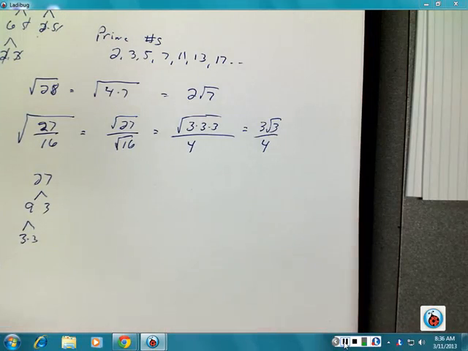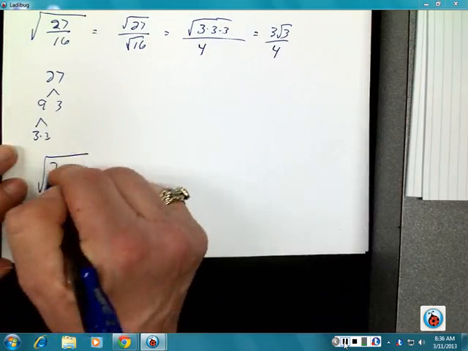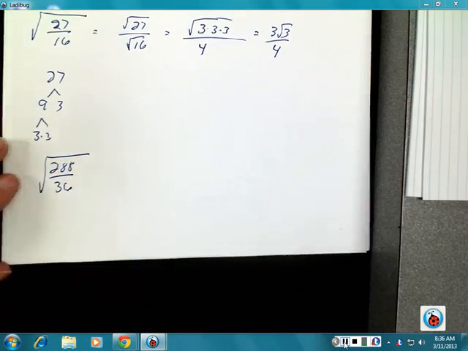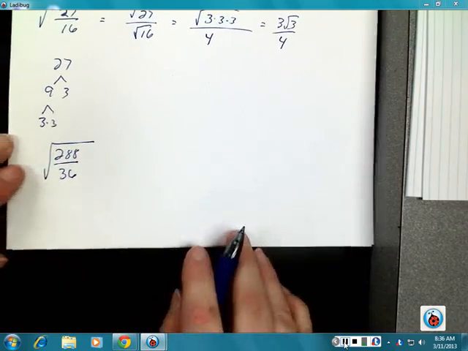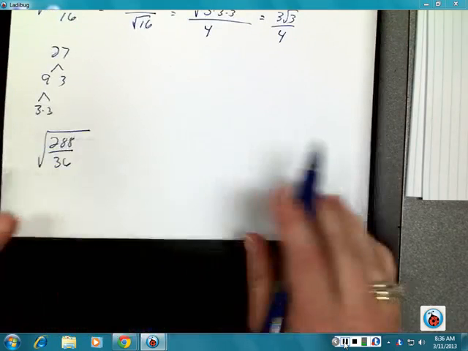Now, if you have numbers such as the square root of 288 over 36, and if you notice 288 over 36, what can we do with that? Can we reduce it at all? Does it reduce? You can always look inside of here and see if it reduces.